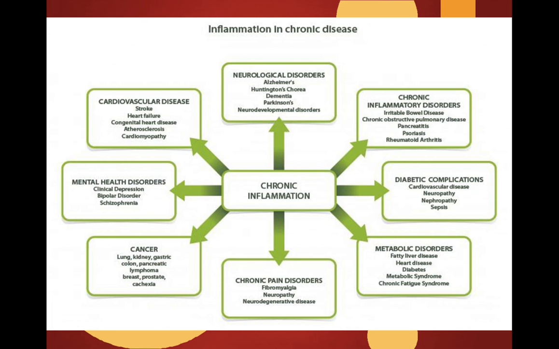Now, moving away from, let's say, cartilage and joint inflammation and those localized tissues, for chronic inflammation there is some new science that shows that most of these diseases are a byproduct of chronic inflammation. On the top at 12 o'clock, neurological disorders, Alzheimer's, dementia, neurodevelopmental disorders. Moving around to 1 o'clock, IBS, pancreatitis, psoriasis. Rheumatoid arthritis at 3 o'clock. Diabetic complications, neuropathy, cardiovascular disease.